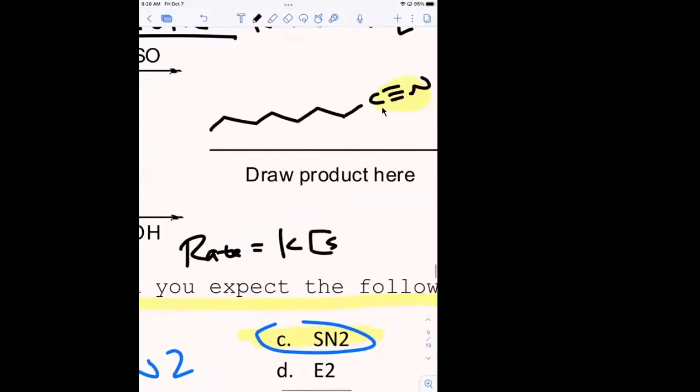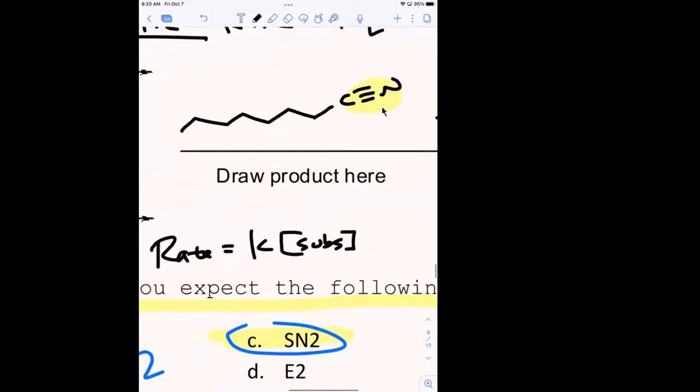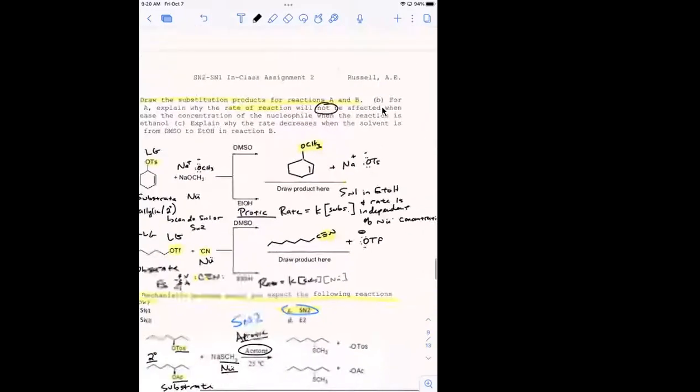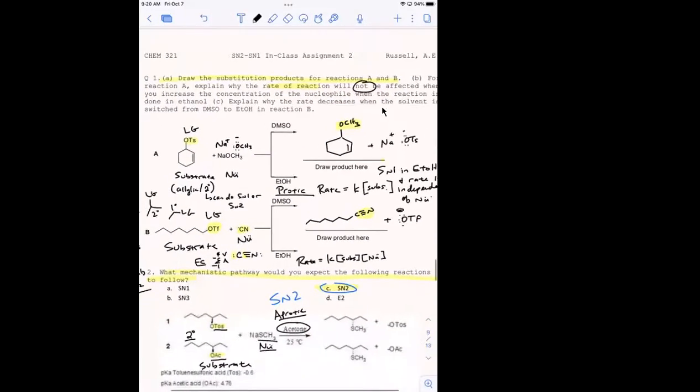We know the substrate is there and the nucleophile. We know that. All right. So the question is, when I switch from DMSO to ethanol, the rate decreases. What am I doing by switching from DMSO to ethanol?